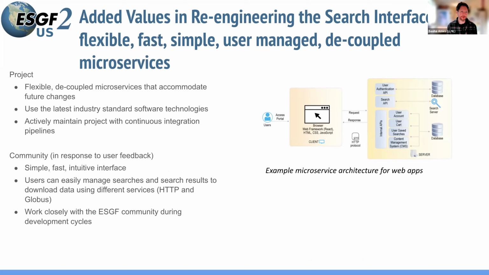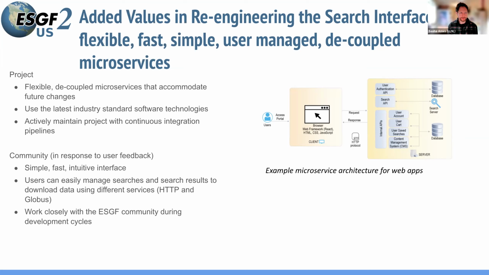It's much easier to upgrade components without affecting others, and we want to use the latest industry standard software technologies and maintain the project with continuous integration. That is, have continuous integration for testing the software as you go. So we started with it rather than adding it after the fact, which is often easy to do with rapid prototyping.